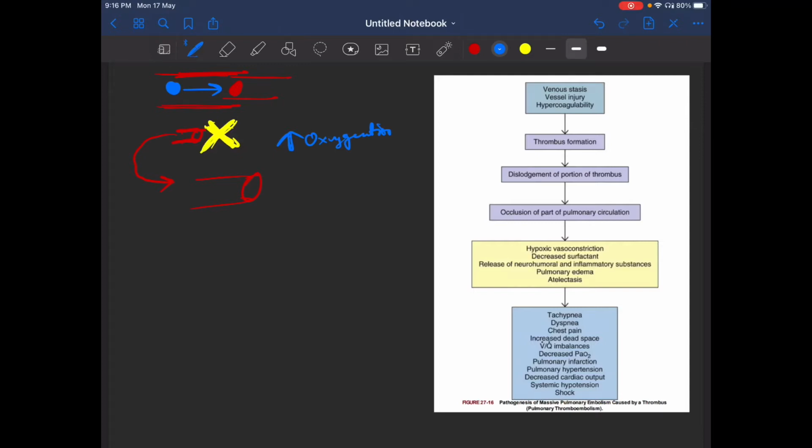And then after this infarction, after this ischemia, what happens? There are inflammatory markers. Inflammation occurs and this causes multiple things: it triggers thrombosis here also, and again edema and atelectasis.